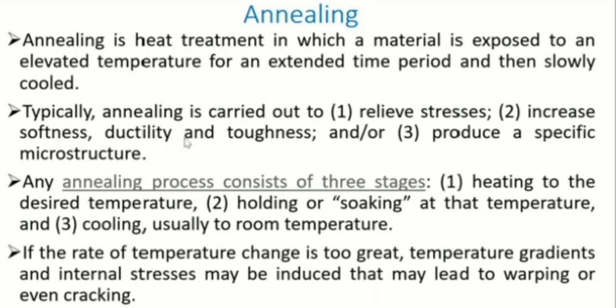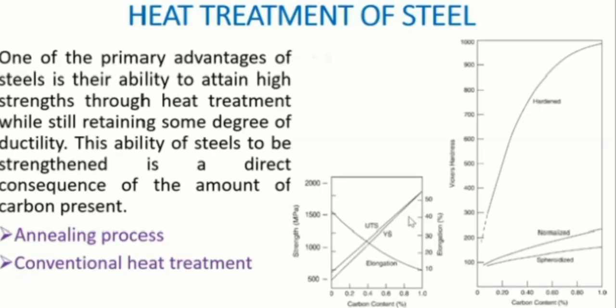As I said earlier, ductility is also a mechanical property, and to produce a specific microstructure. If you look at the first diagram here, annealing doesn't significantly, it just very slightly improves the mechanical property. The mechanical property is strength, hardness, and others, right? You can see the hardness increasing, though this is with respect to carbon content, right?